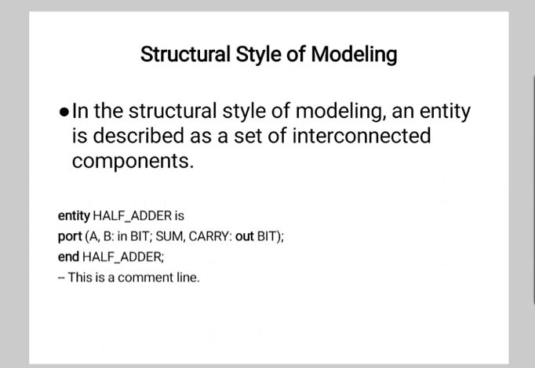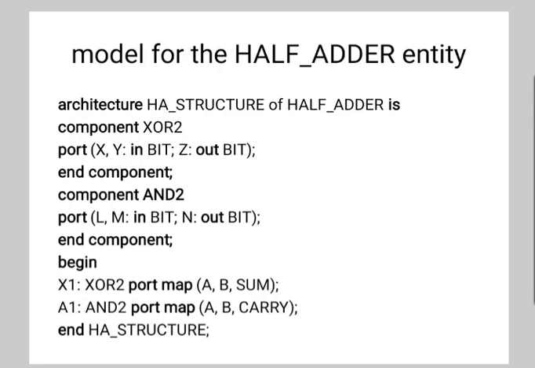Example of a half adder is given. Entity half adder, port A, B. Here A and B are inputs, sum and carry are outputs of the half adder. And here the architecture, that is the model for the half adder entity, is given.